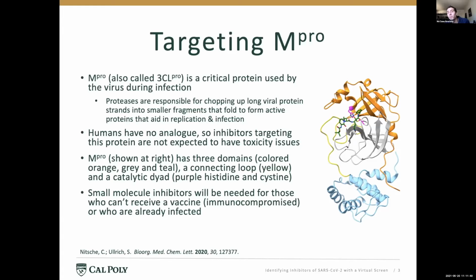A big thing to point out there is the purple residues. Those are like the tips of the big molecular scissors, and those go and cut the other viral proteins. And you can see in that figure, we've put a small weak inhibitor in there, the green molecule that is stuffed right in between those purple residues and will hopefully inhibit it.